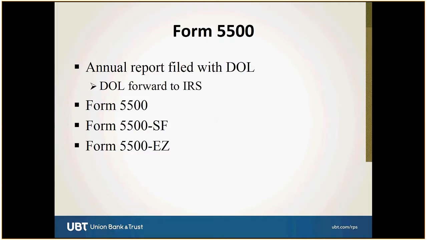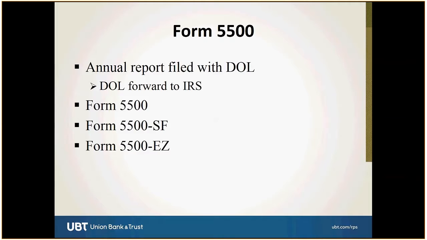So reporting, the big reporting document is the Form 5500. It is an annual report that's filed with the Department of Labor, and then the Department of Labor forwards that to the IRS, and one or both entities really use that Form 5500 for a couple of purposes.